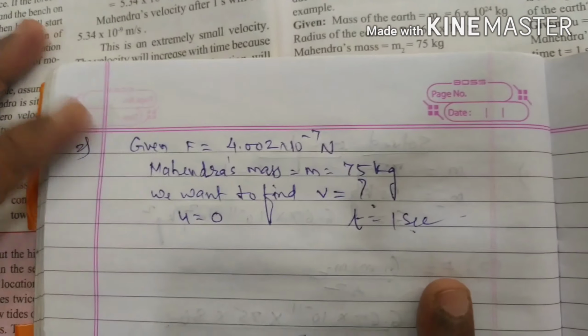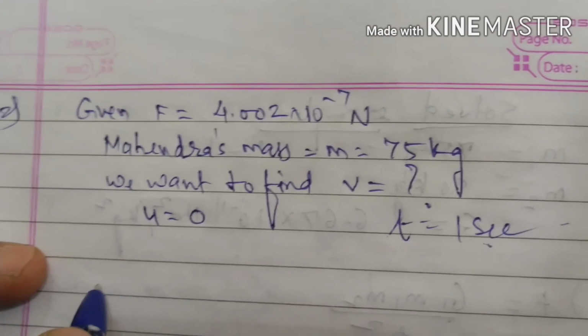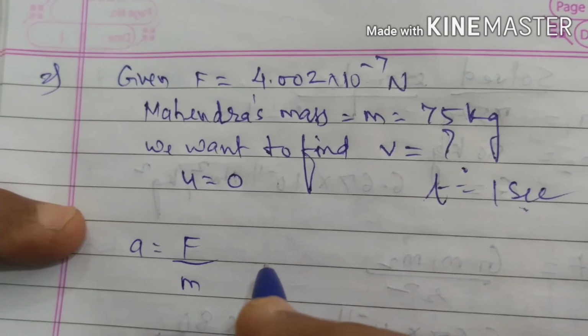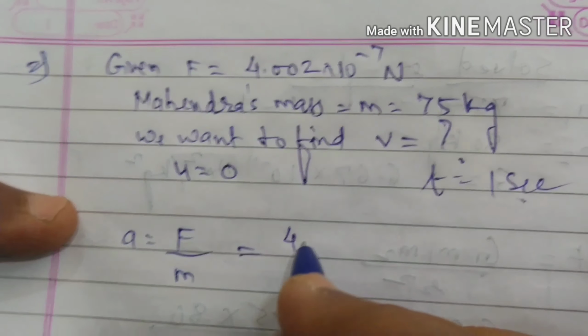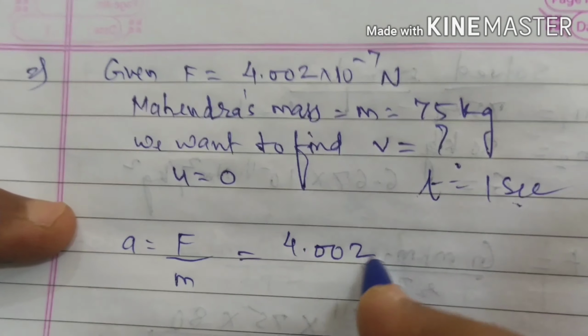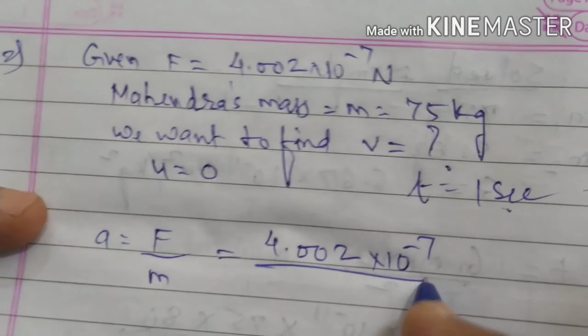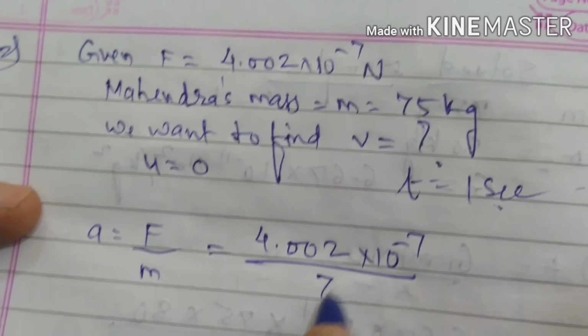Now we can't find v directly, so first we have to find acceleration. So a is equal to F upon m, and that is 4.002 into 10 raised to minus 7 upon m, which is 75 kg.